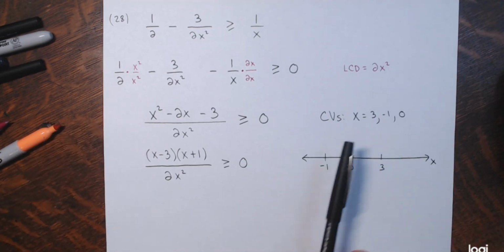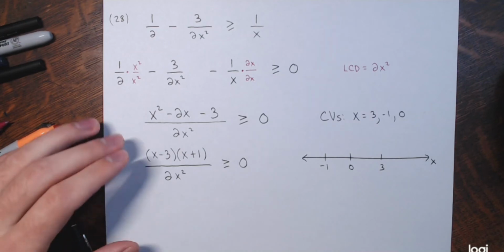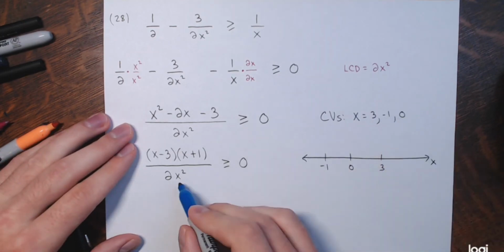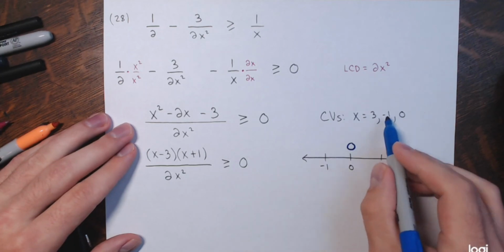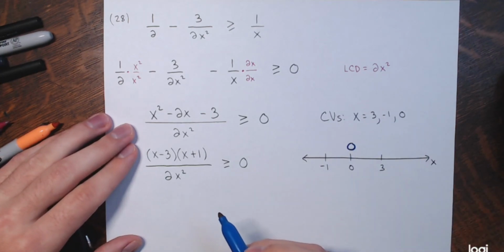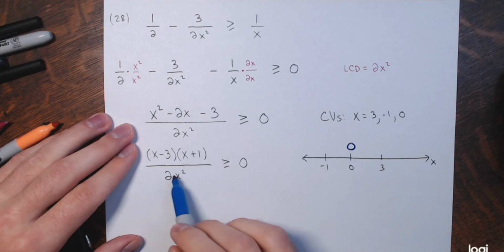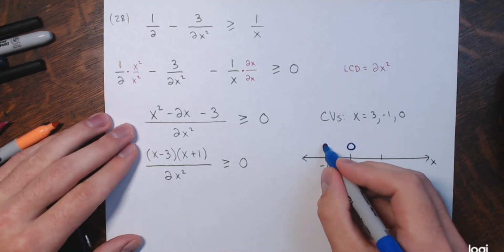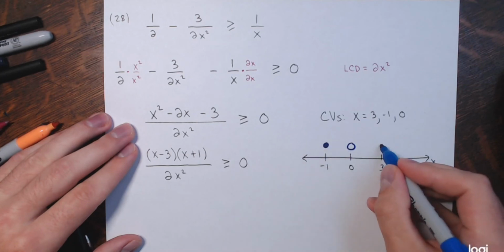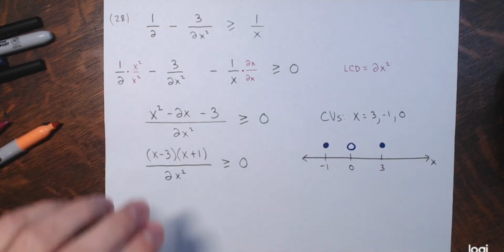And see which of these are solutions. Now 0 isn't because it makes the denominator 0, so I put an open point above 0. Now 3 and negative 1 are solutions, right? They make the left side 0, and 0 is greater than or equal to 0. It satisfies the equal part. So negative 1 is a solution, positive 3 is a solution.